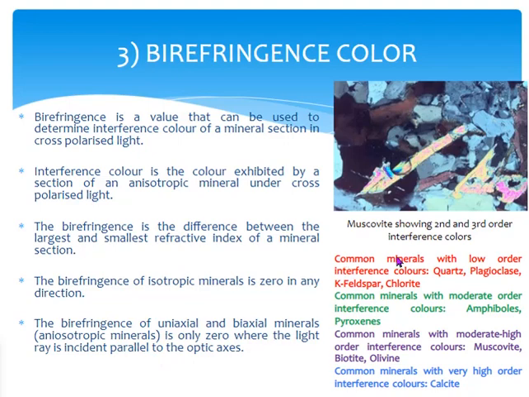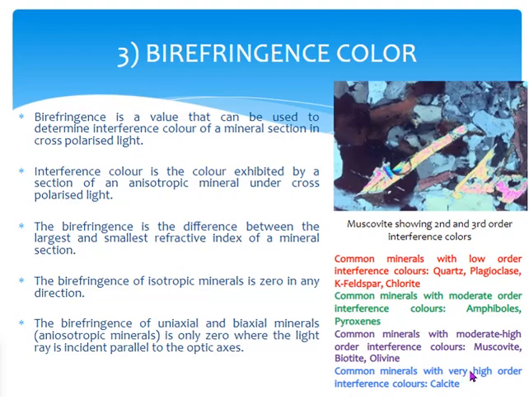Common minerals with low order interference color are quartz, plagioclase, K feldspar, chlorite, and here is the mineral muscovite showing second order and third order interference color. Here is the second order, here is the third order interference color.